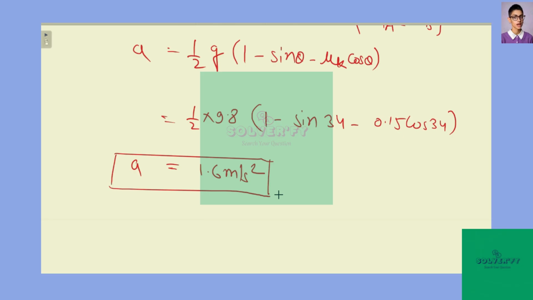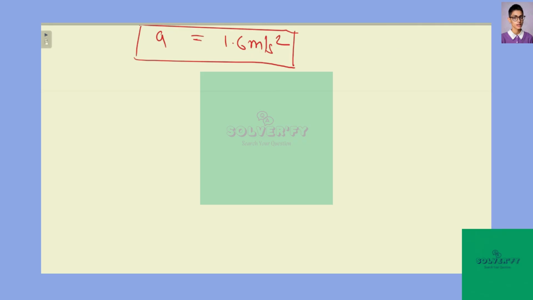In the second part, we have to find the smallest value of mu k that will keep the system from accelerating. So we can say that in this question the acceleration is 0.